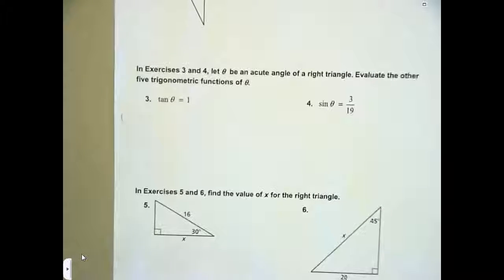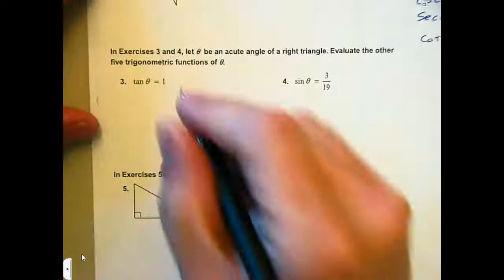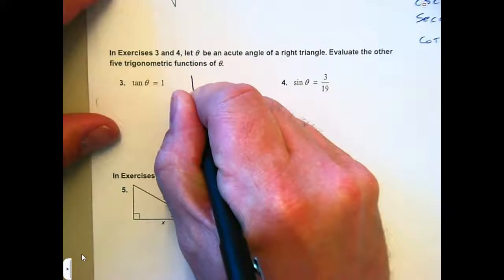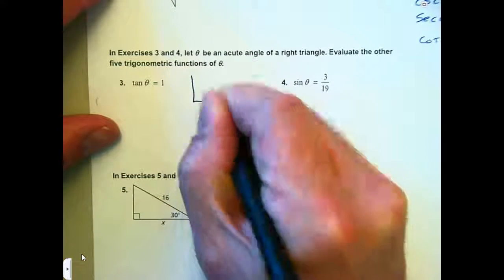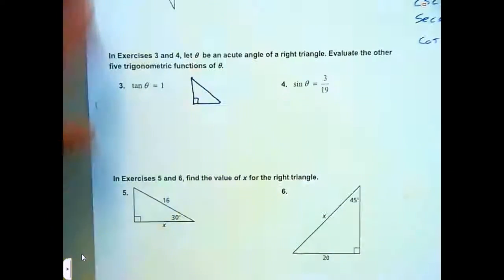I want you guys to take a look at number 3. It says, let theta be an acute angle of the right triangle. Evaluate the other 5 trig functions. Now what this is actually asking you to do is to take an angle of a triangle, call it theta.